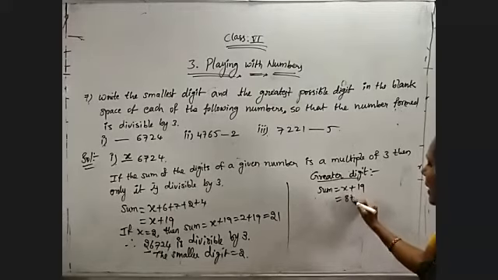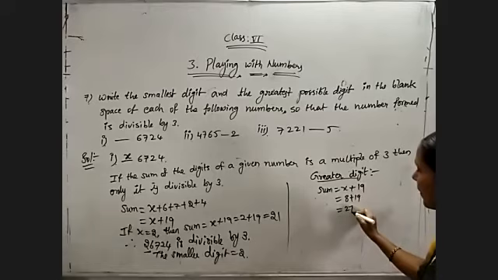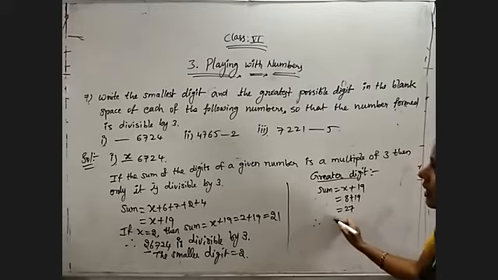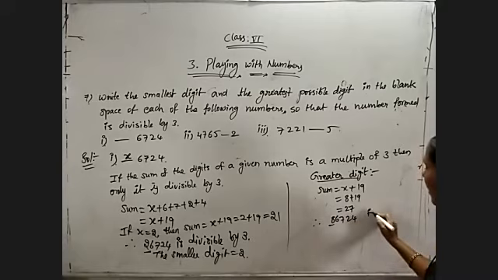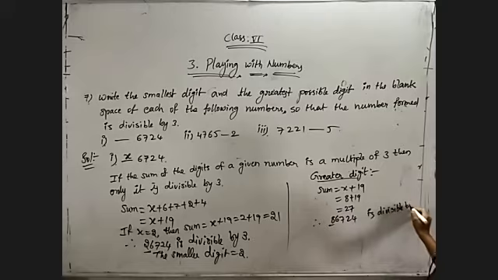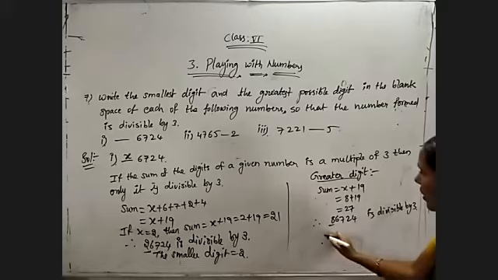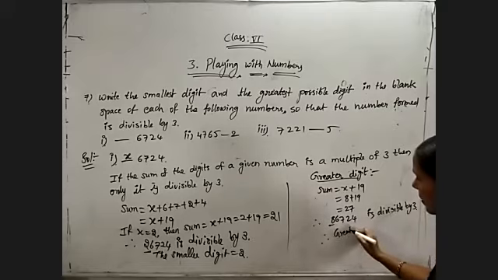So 8 plus 19 is 27. Therefore, 8, 6, 7, 2, 4 is divisible by 3. So the greatest digit is equal to 8.